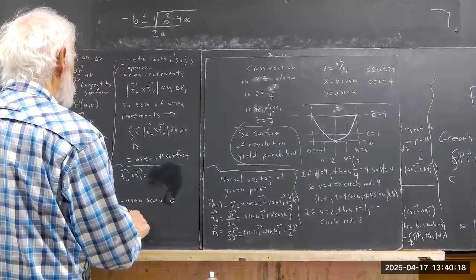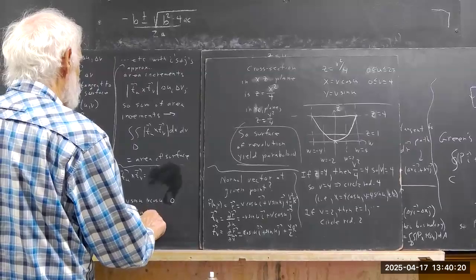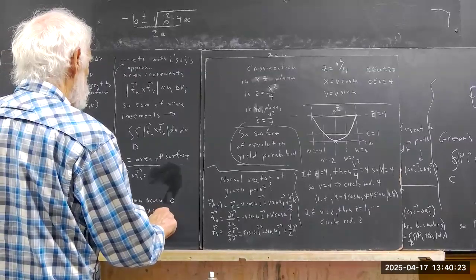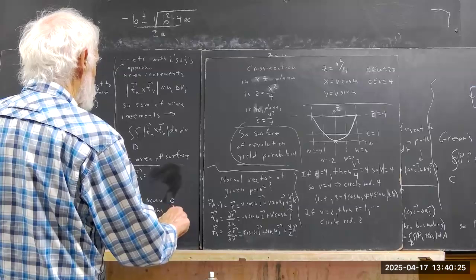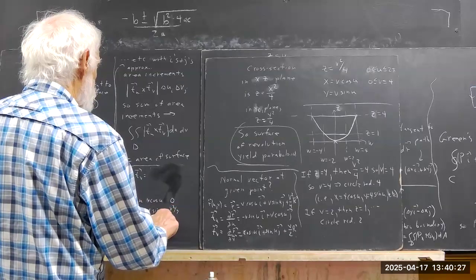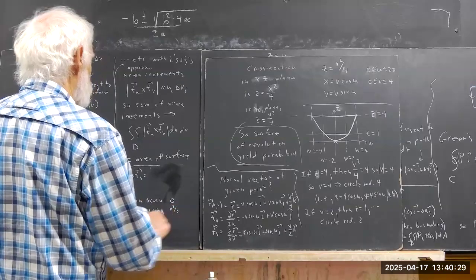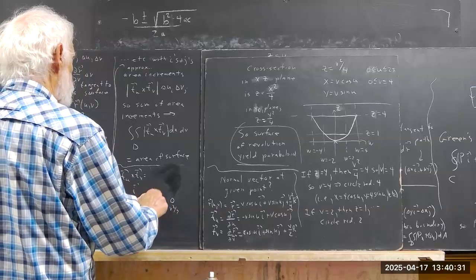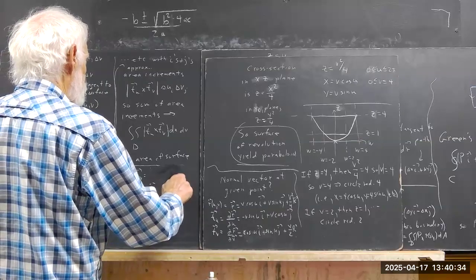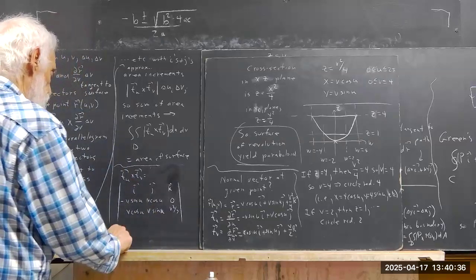And then we have v cosine u, v sine u, v squared over 2. That represents our two vectors, and there's our i, j, k. And we put the absolute value sign around that.